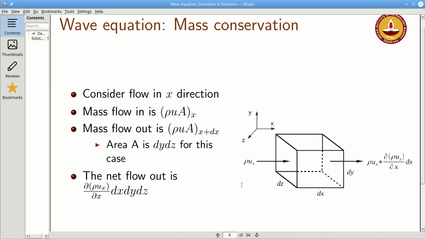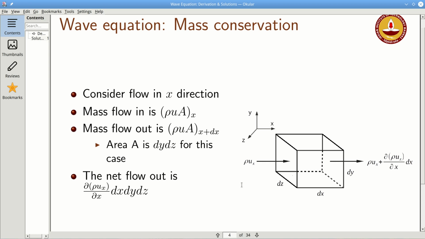So you can see that dy dz is the infinitesimal area through which that flow happens. Rho ux, where ux is the particle velocity component along the x direction, multiplied by the area gives me the mass flow in. So this is what is coming in.